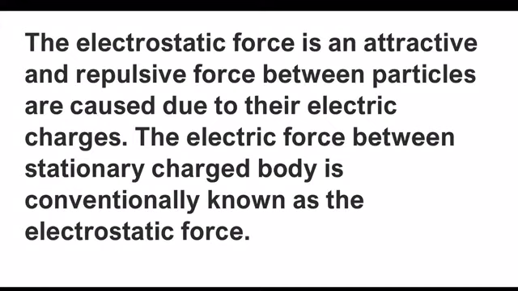So when we combine both the words, electro and static, the definition is: electrostatic force, as the name suggests, is the force of attraction or repulsion between static electric charges, meaning stationary or non-moving electric charges.